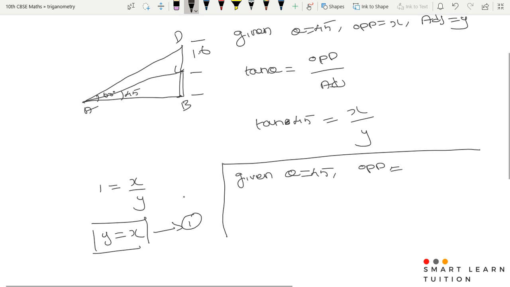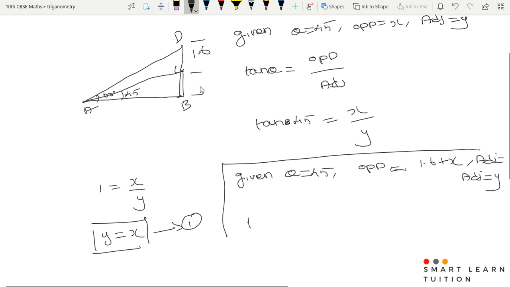The 1.6 is already there, and x is what we have taken, so the opposite, the full distance, is 1.6 plus x. The adjacent is already taken as y. So adjacent equals y.